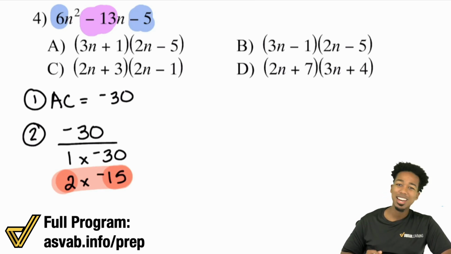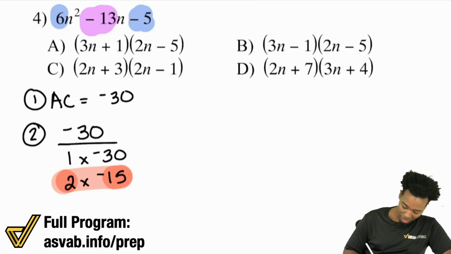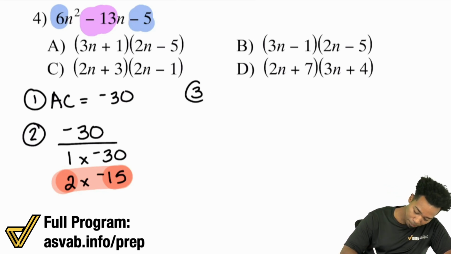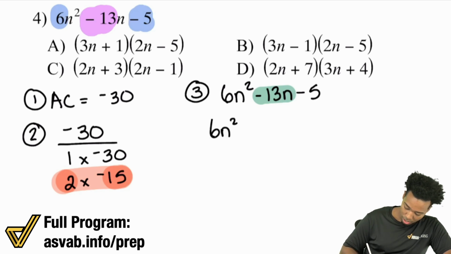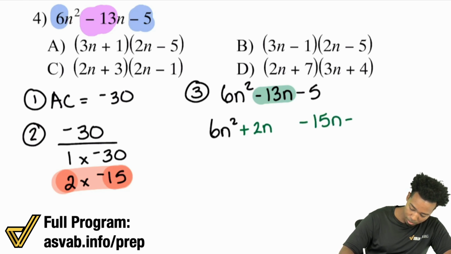You've got to be able to look out for these little things, my party people, because now that we have it, step 3, we're going to go ahead and split it up into those pairs. So we start off with 6n squared minus 13n minus 5, and then we go ahead and split that negative 13n. We'll do 6n squared plus 2n minus 15n minus 5.